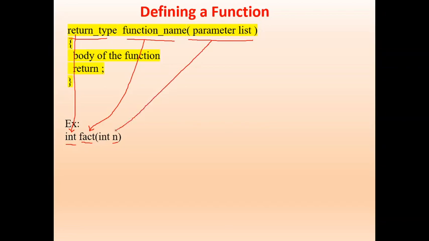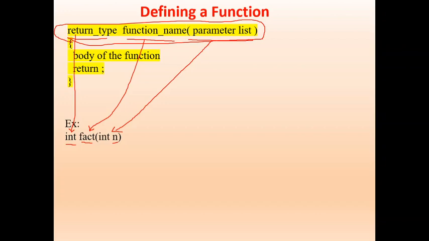Next one, to communicate, to give something to the function or to get something from the function, we use parameters. The parameters inside the function header are known as formal parameters. This is called the function header. The first line of the function statement is known as the function header.